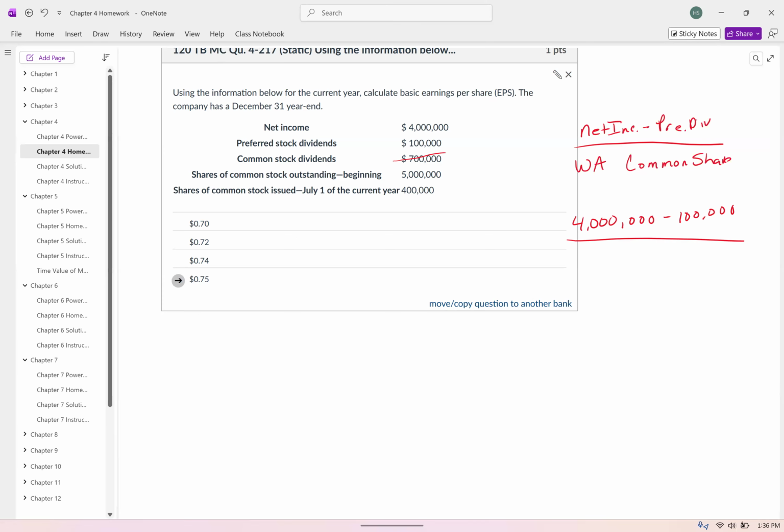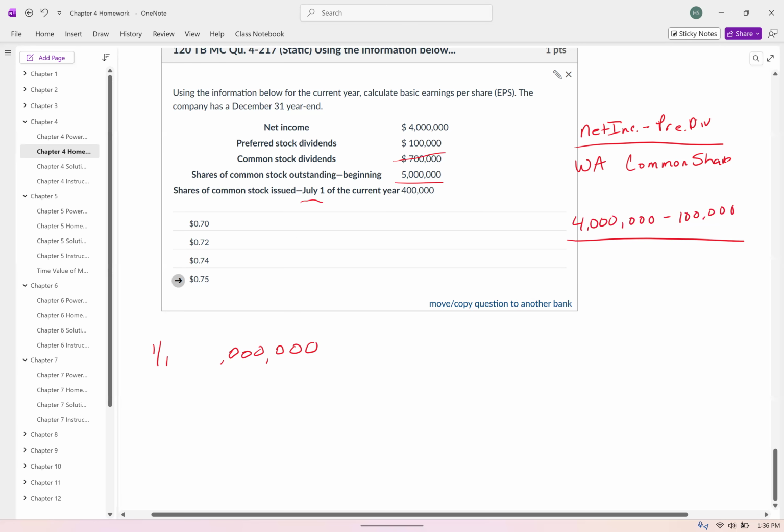Okay. So timelines really help you in this area. So they tell us the number of shares outstanding at the beginning of the year. So what they're saying is January 1st, there are 5 million shares outstanding. Okay. Then they tell us on July the 1st, another 400,000 shares are issued.